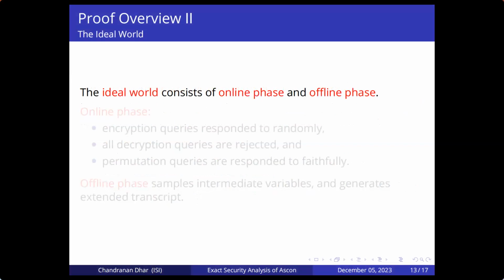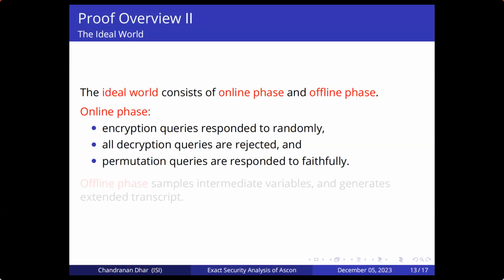Now we move on to the ideal world. The ideal world consists of two phases, the online phase and the offline phase. In the online phase, all the encryption queries are responded to randomly. That is, if you give any query of the form N, A, M, that is nonce, associated data and message, it gives a ciphertext and a tag randomly.